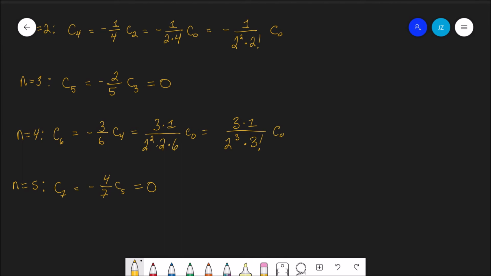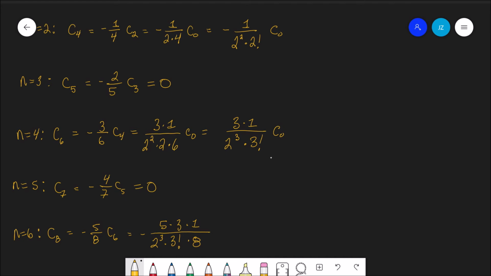So let's look at the n equals 6 term. This will give us c sub 8 is equal to negative 5 over 8 C sub 6, which was given above. So we get negative 5 times 3 times 1 over 2 cubed times 3 factorial times 8.